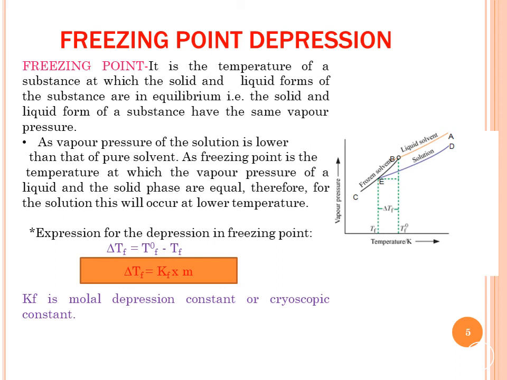So it is clear from this curve that the freezing point of a solution is lower than that of the pure solvent. Now delta T F is equal to K F into m.